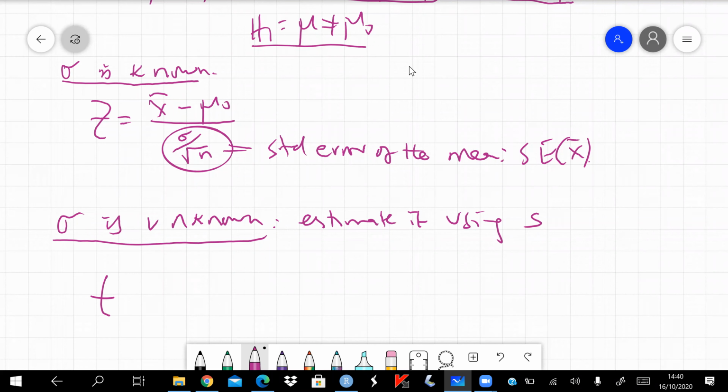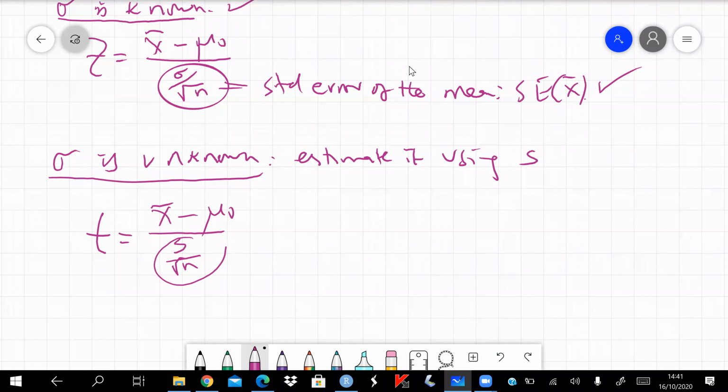So please note the difference: when sigma is known, by default, you use Z. But when sigma is unknown, first you estimate it using S, and then you use the T statistic, which has the same formula as the Z, but now you have S instead of sigma over root n. Again, this divisor is the standard error of the mean, standard error of X bar.